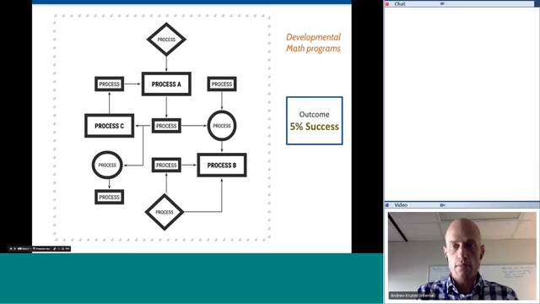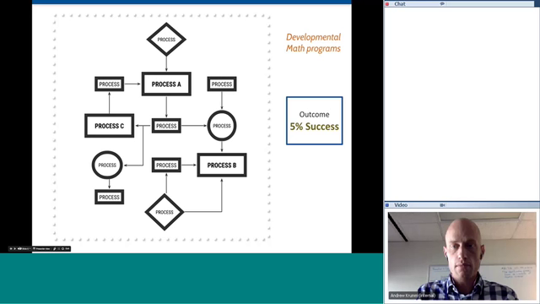And so that's going to lead us to thinking about processes. The organizational processes, which can be thought of at a variety of levels, are one of the main building blocks of systems. So if we had, for example, a developmental math program in a community college with an outcome of 5% success, so 5% of students completing developmental math in a community college, then we're going to start to say, well, what is the system that is producing that 5% success?